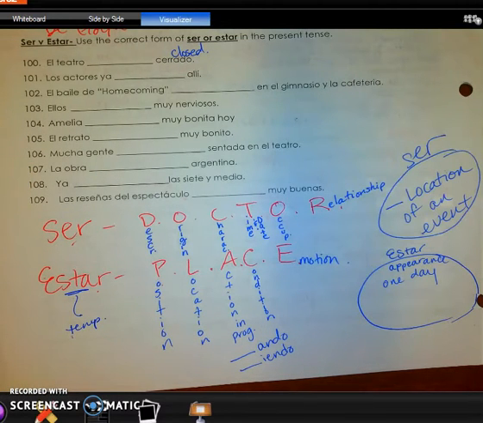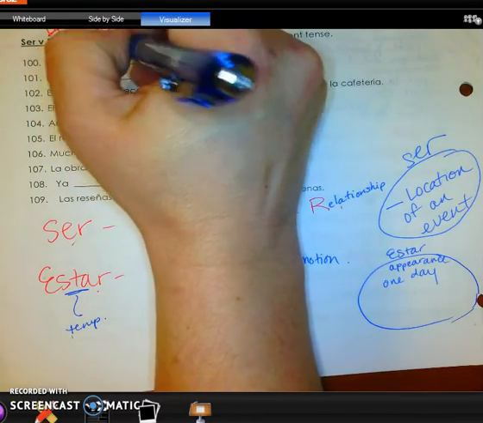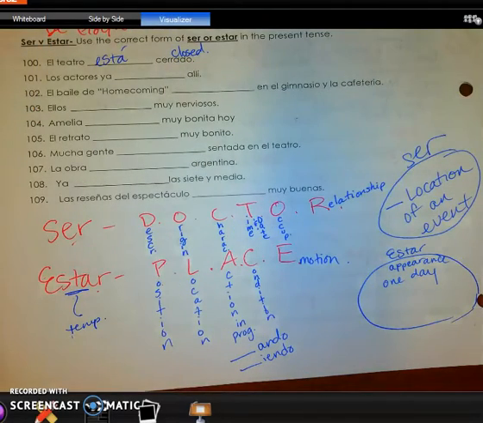For the most part, temporary goes under estar, okay? Now, again, I think location of something would be permanent, but if it doesn't follow these rules, especially T for temporary. So the theater's closed. What do you think? Temporary or permanent? Temporary. So I'm going to use the verb estar. El teatro está cerrado.